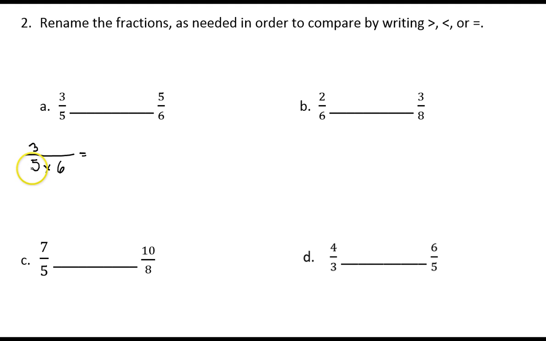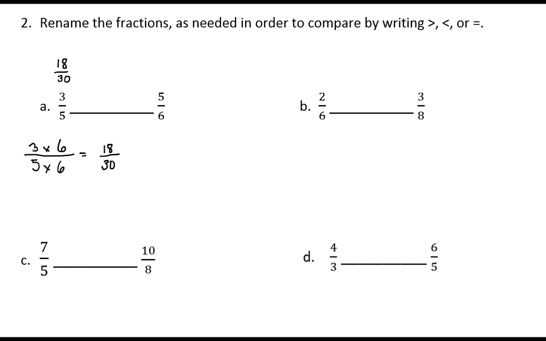Instead of having 5 pieces that made up the whole, I would now have 30 pieces that make up the whole. And instead of shading in 3 of those pieces, we would multiply that amount by 6 as well, and that would give us 18/30. So 3/5 is the same as 18/30.